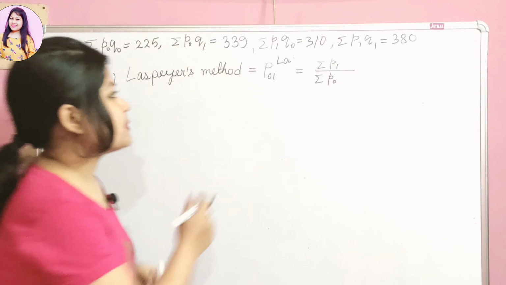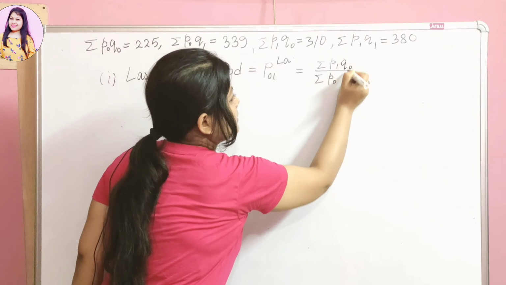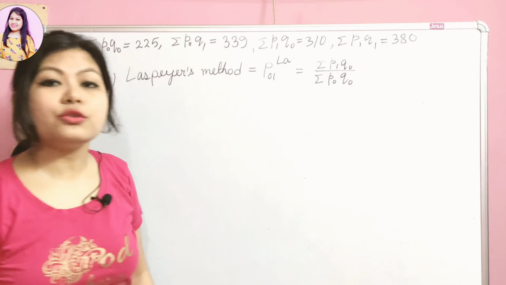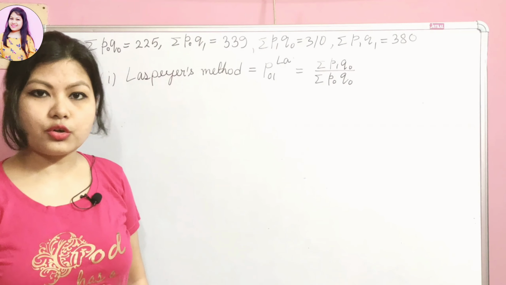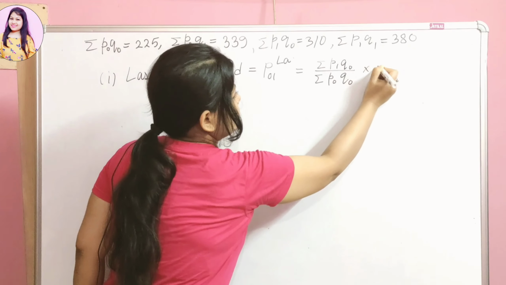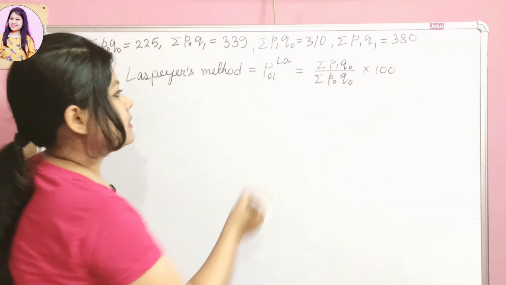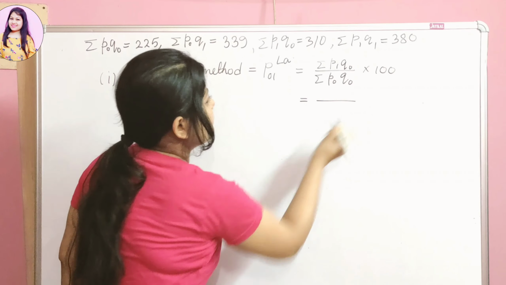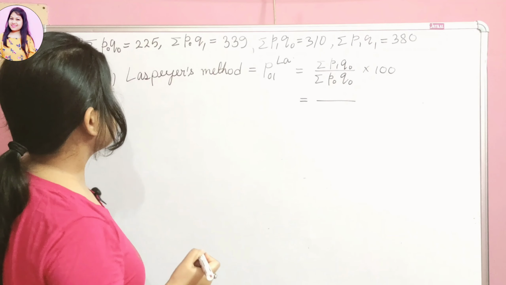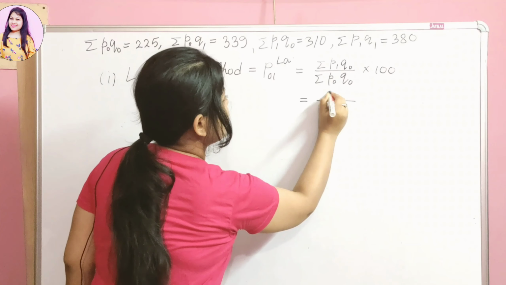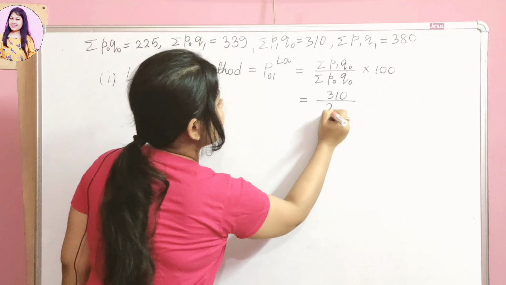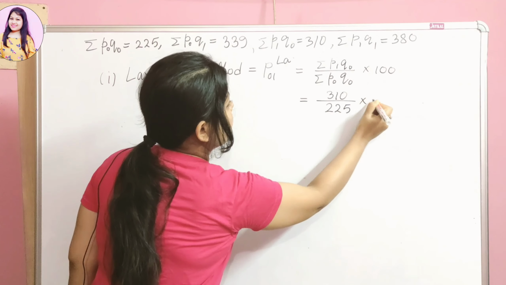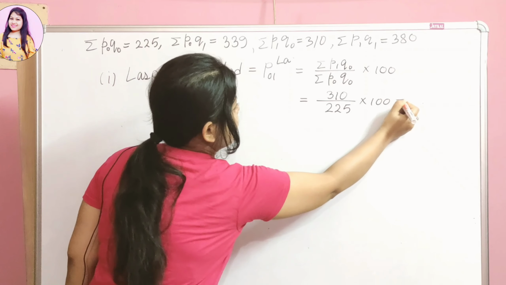For Laspeyres' method, the next value is always for Q, and this value is Q0, into 100. We already know summation of P1 Q0 is equal to 310, and summation of P0 Q0 is equal to 225, into 100.